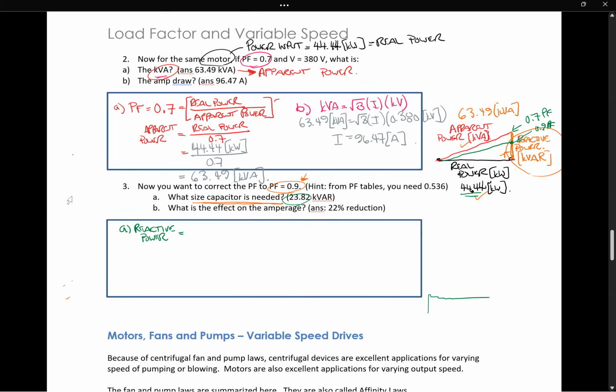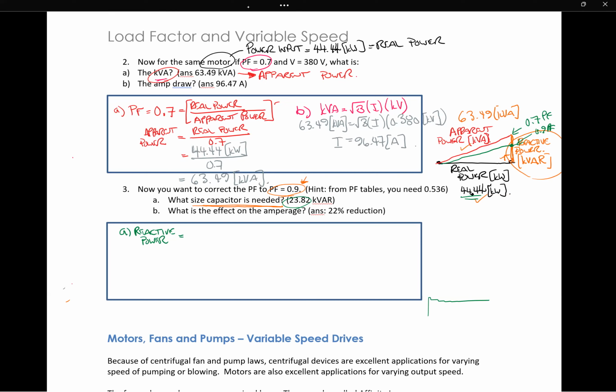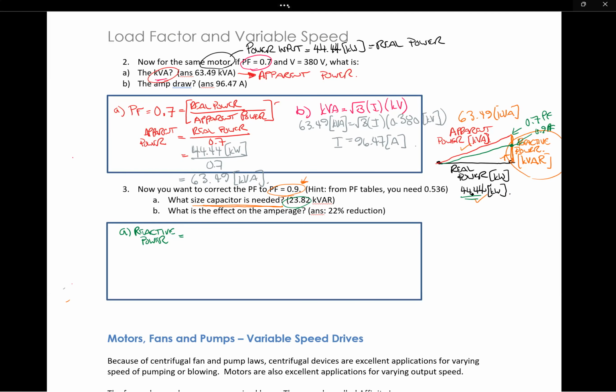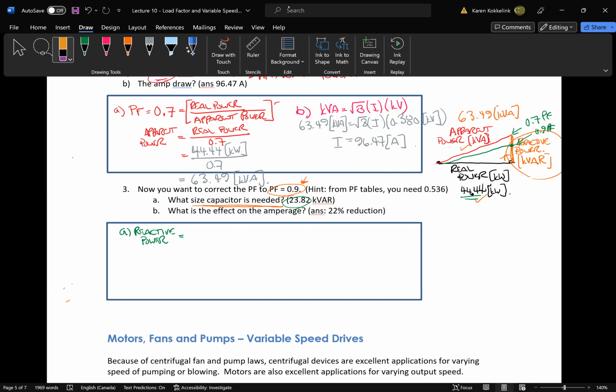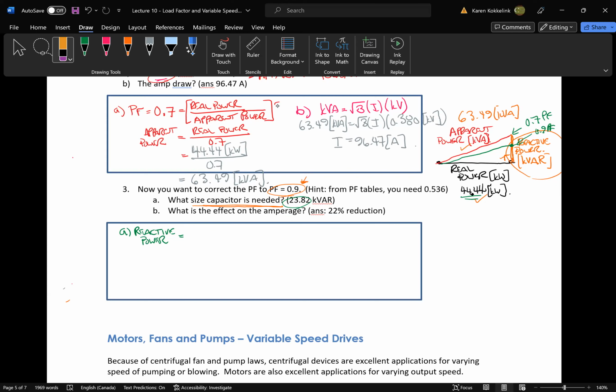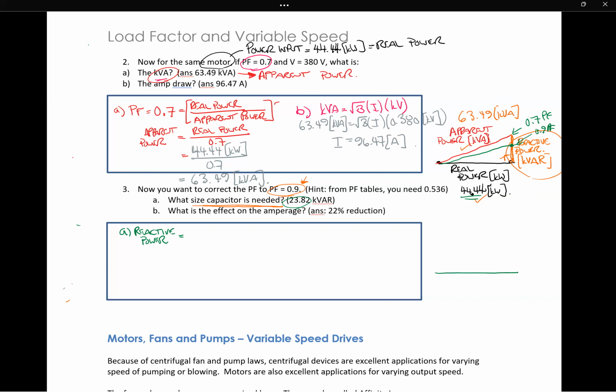We can redraw our triangle here and just make it a little bit more clear that we are looking at our 44.44 and our 63.49, and we went from a 0.7 to a 0.9 power factor.